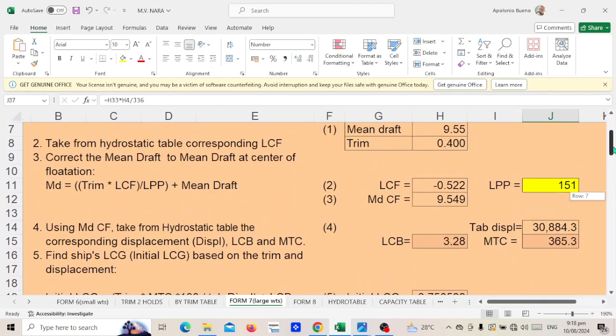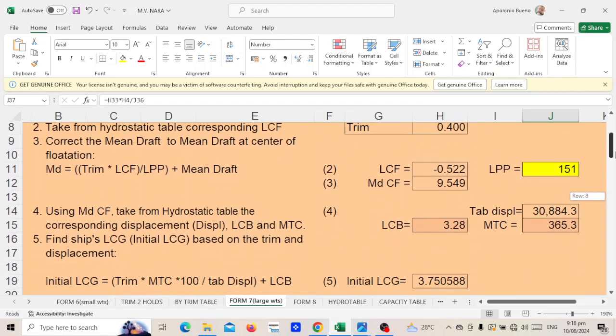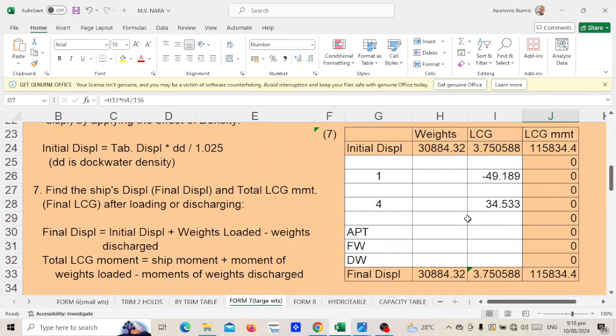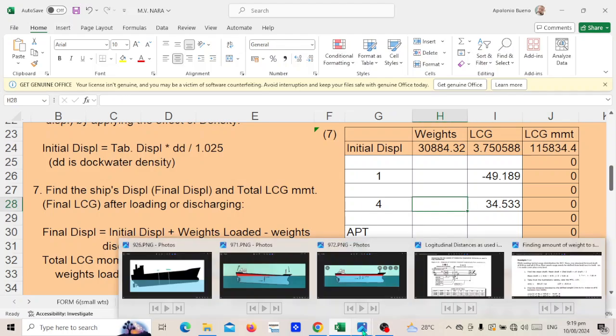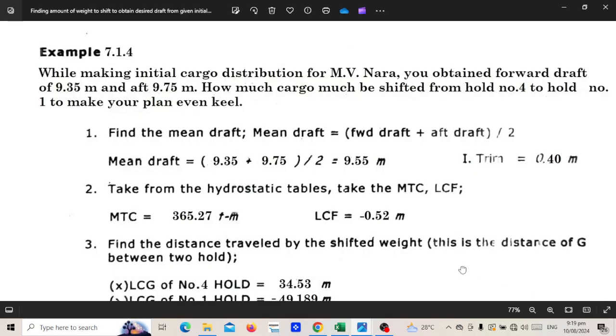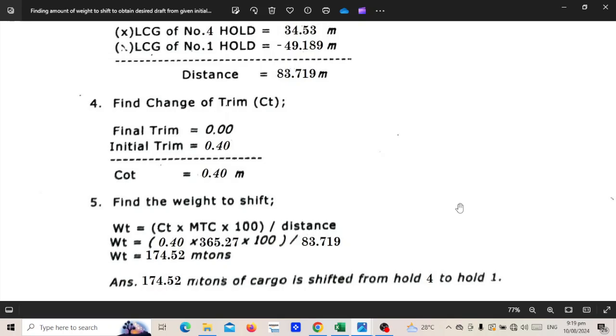Now we are going to shift from hold number 4. See the LCG, guys, forward is negative and up is positive. Okay, so how much are we going to shift? According to the weight, we're going to shift about 174.52.